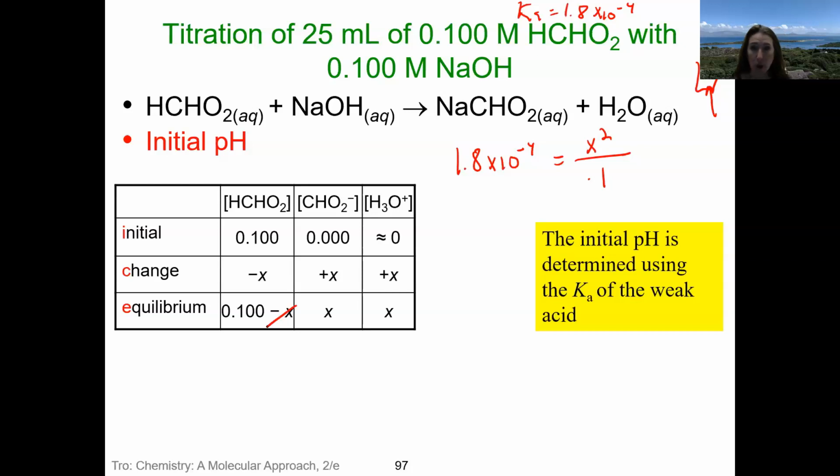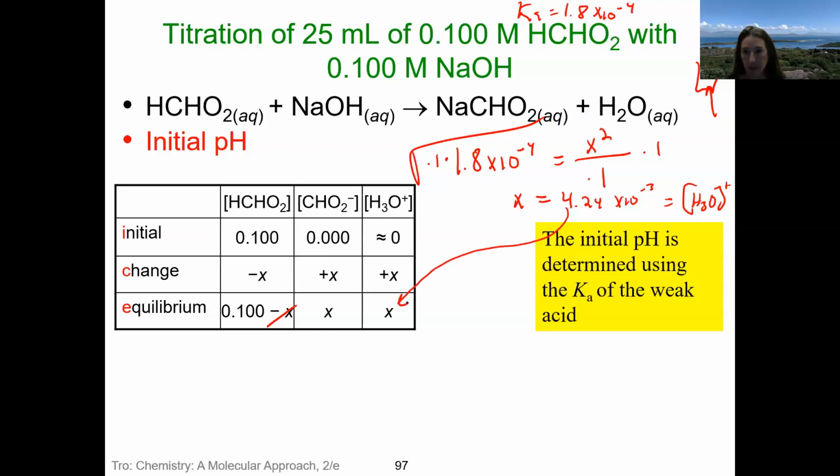I'm going to assume X is small. At this point, I'm assuming these ICE tables should be like magic in your brains. Then we just solve for X. Multiply by 0.1, take the square root, X equals 4.24 times 10 to the negative 3, which is our H3O+.